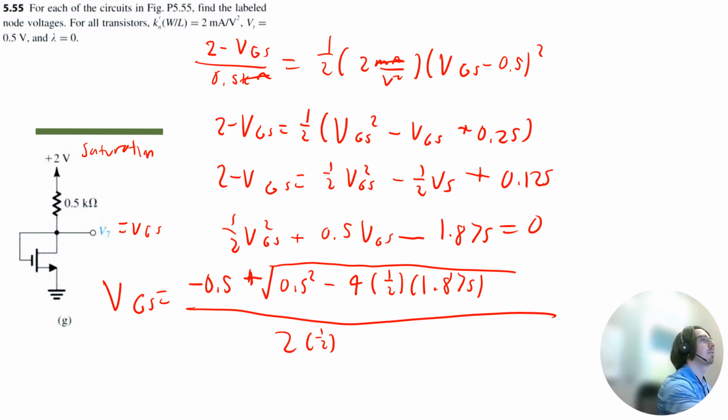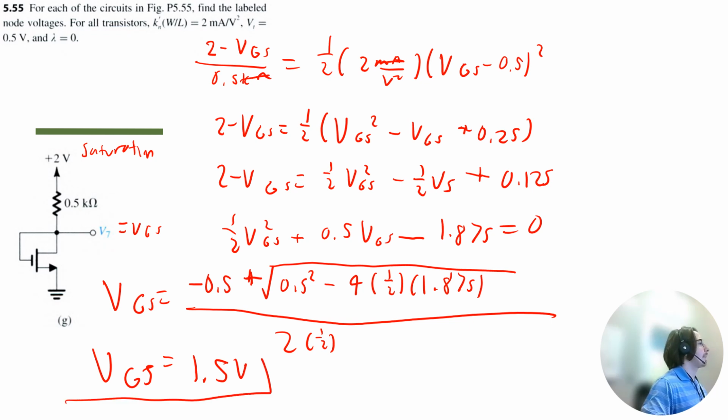Okay? So I get that VGS is equal to 1.5 volts. And I'll explain real quickly why we only do the positive. If I did the negative, I actually get negative 2.5 volts, which makes no sense given the structure of this.